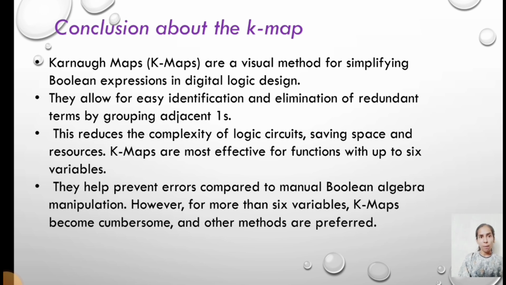This reduces the complexity of logic circuits, saving space and resources. K-maps are most effective for functions with up to 6 variables. They help to prevent errors compared to manual Boolean algebra manipulation. However, for more than 6 variables, K-maps become cumbersome and other methods are preferred.